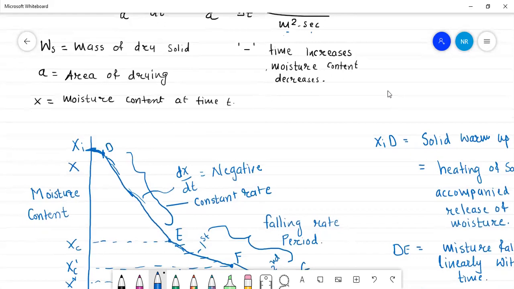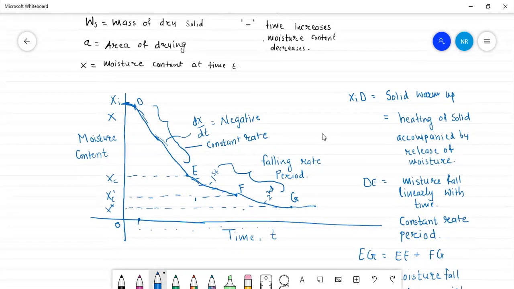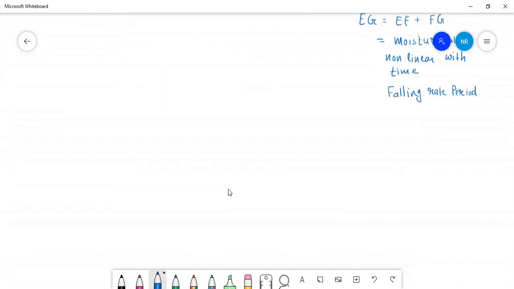So I have another plot. That other plot will be the rate of drying, or flux, versus the moisture content. So let me draw a graph.